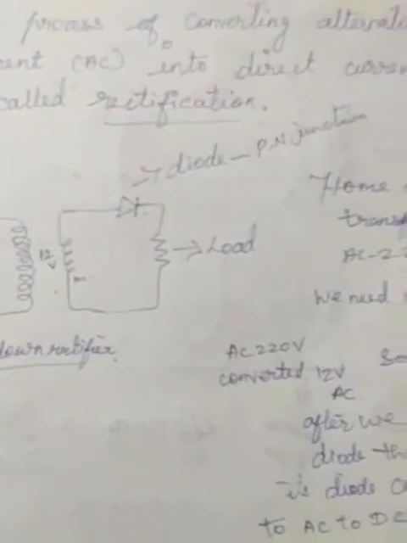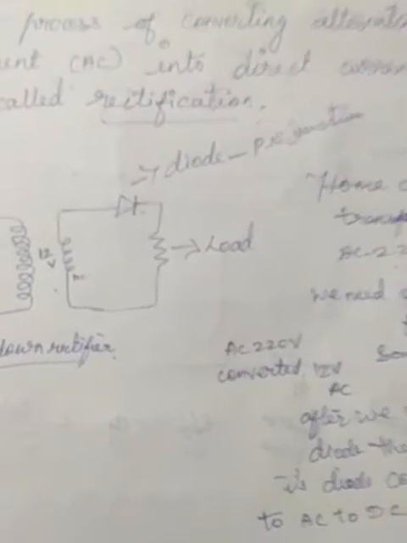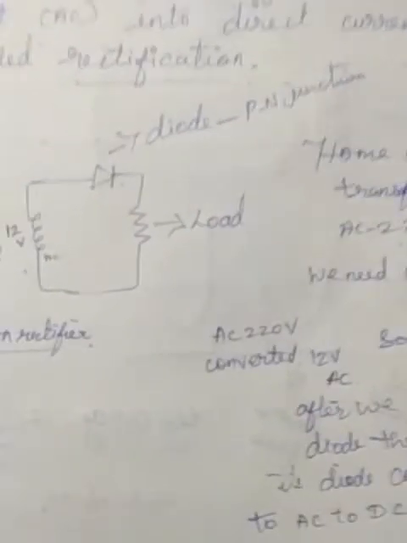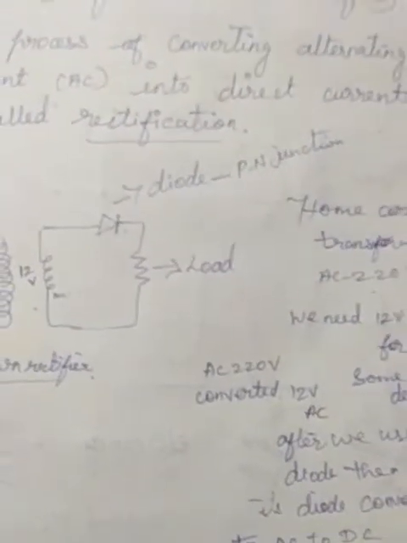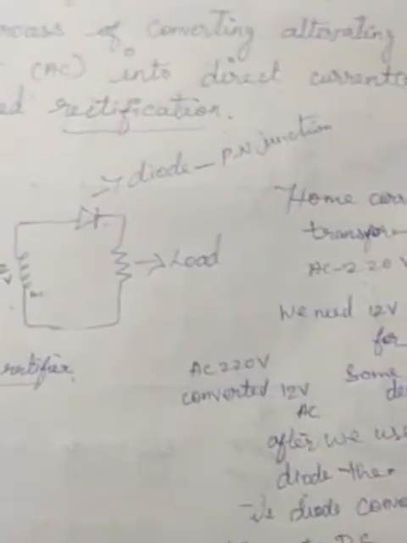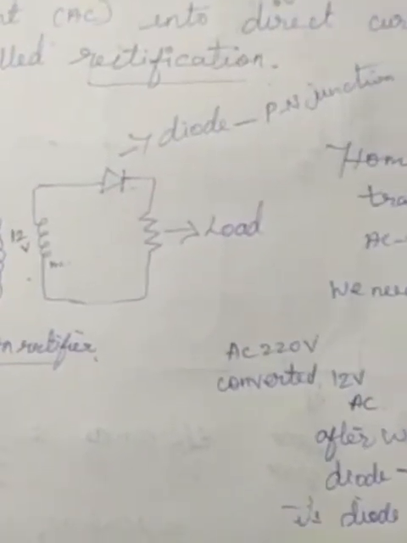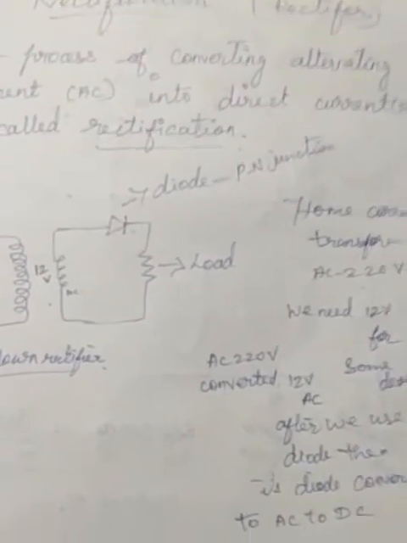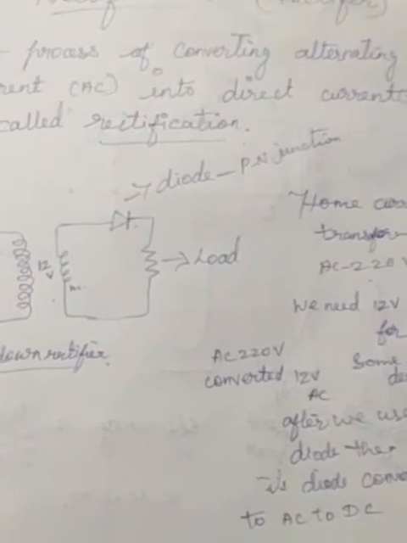After that we use diodes, that is the PN junction we saw last class. So next the AC current is changed to DC current. That is a rectifier.